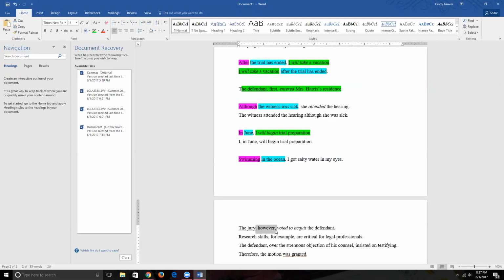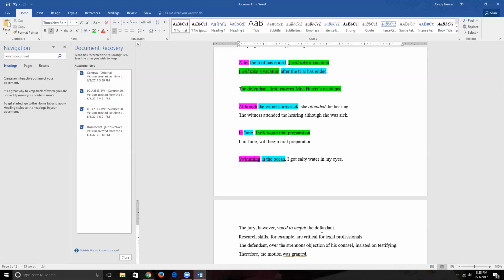If you've been setting up the story so that it looks like the defendant is going to be convicted, and now you say the jury voted to acquit the defendant, the reader might miss that you say "acquit" instead of "convict." After all, acquit and convict kind of look similar, and a reader who's not paying careful attention might not notice that you switched. But when they see "however," they're on notice.